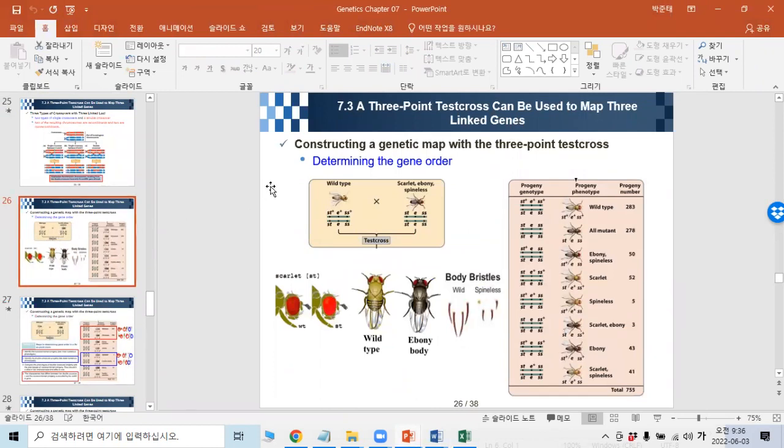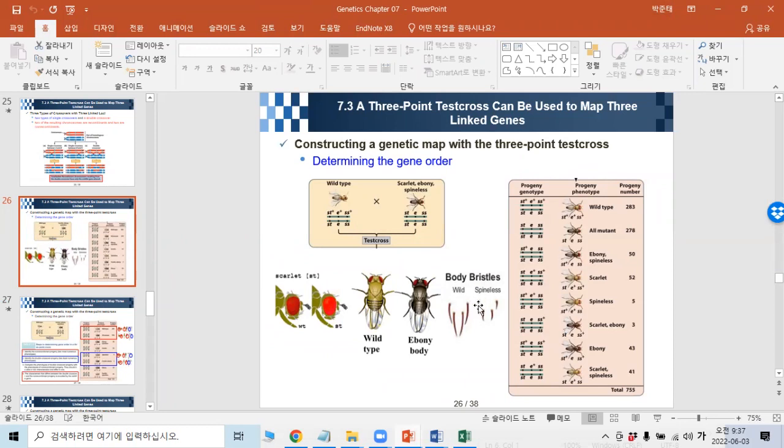So in this case, 3-point test crosses. We cover 3 genes: the st (scarlet) gene, the e gene, and the ss gene. st is involved in eye color; wild type is like this, but scarlet is very bright. e means that wild type body color is brown, however ebony e will be black. For the bristle, ss wild type is very long, but spineless is very small, while they don't have the bristle.